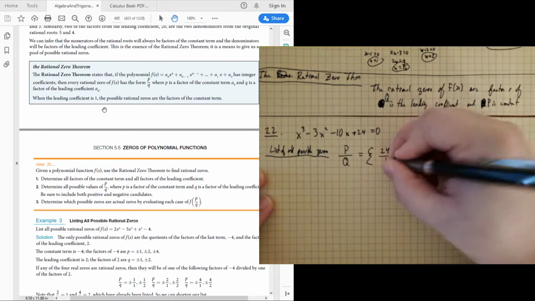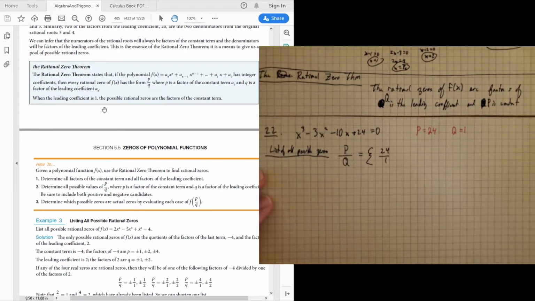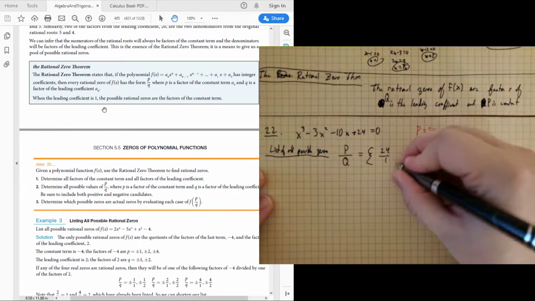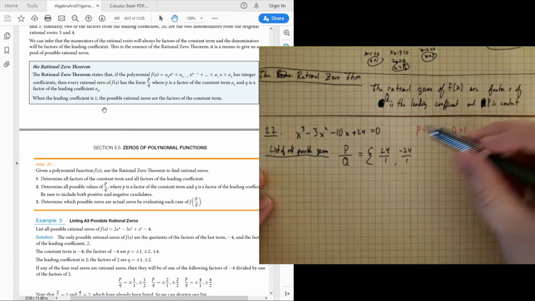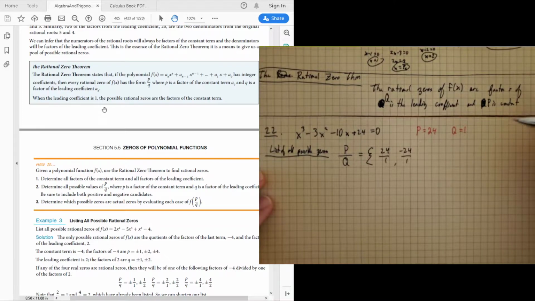24 over 1. That's the first possibility. But also negative 24 over 1. So this is just p divided by q and negative p divided by q.